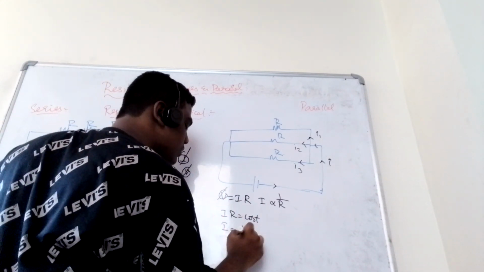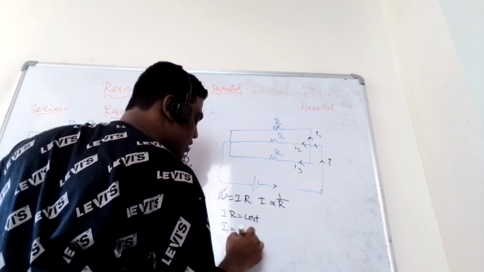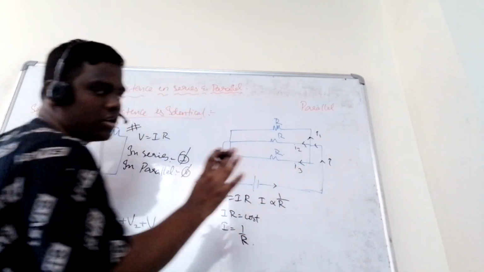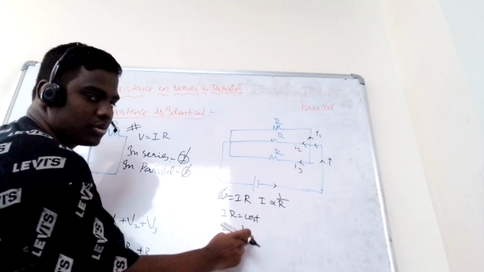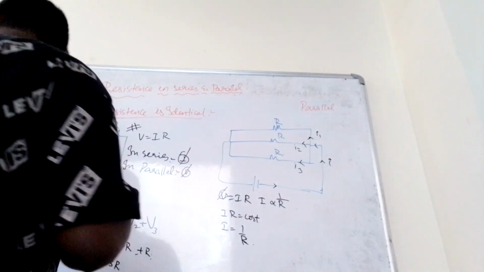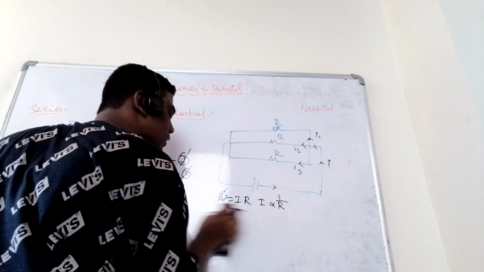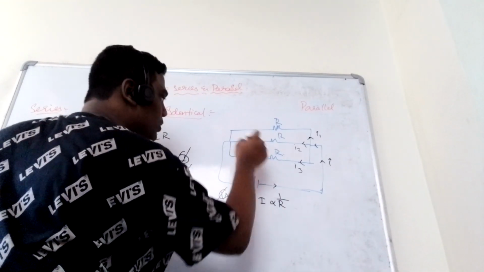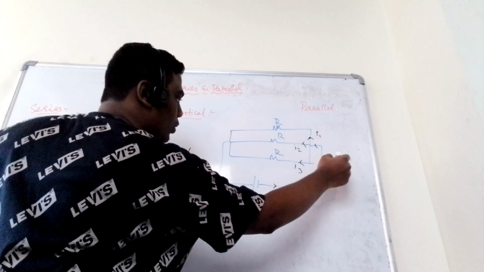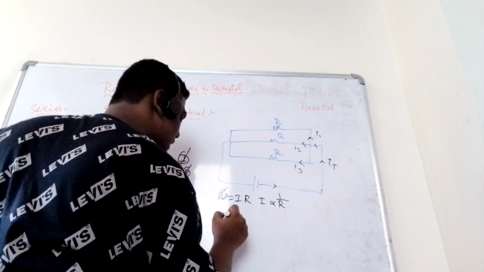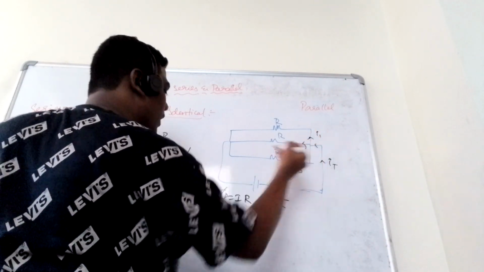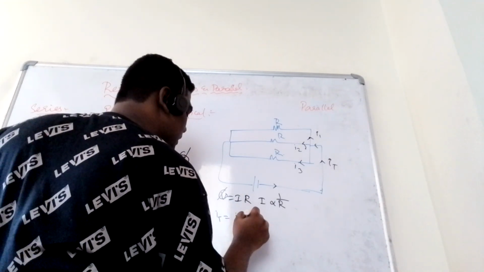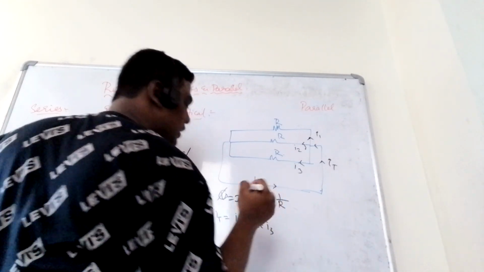If I am neglecting the constant, I is equals to 1 by R. So here we are getting that I is inversely proportional to R. So the total current flowing, I total, is equals to I1 plus I2 plus I3.